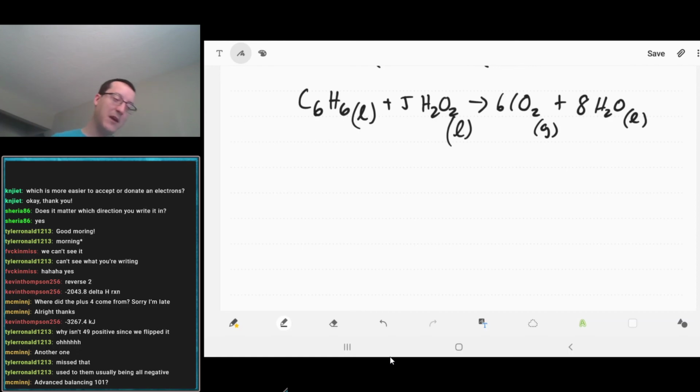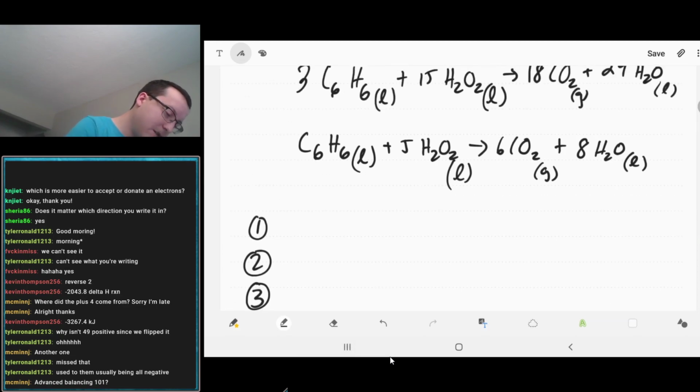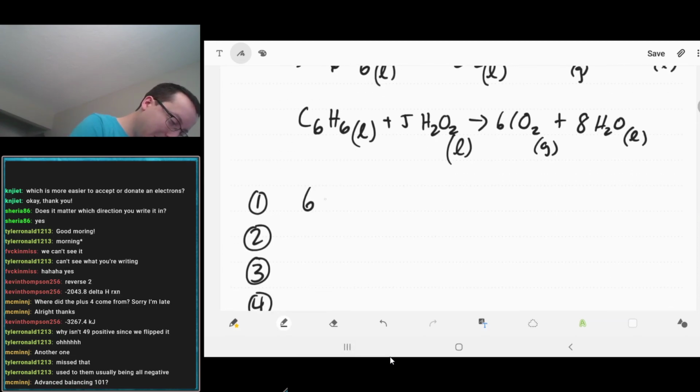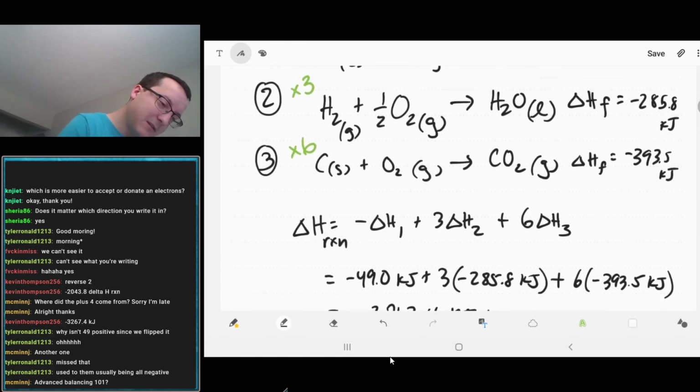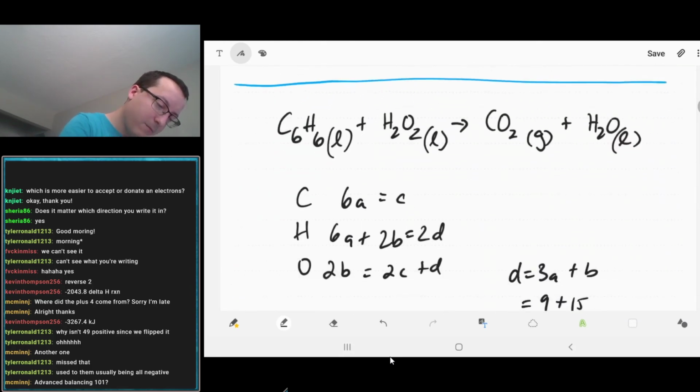So this time we have 4 compounds, so we're going to need 4 equations. Equation 1, 2, 3, and 4. With the benzene, it's going to be the same one from before. That one happened to be 49, positive 49.